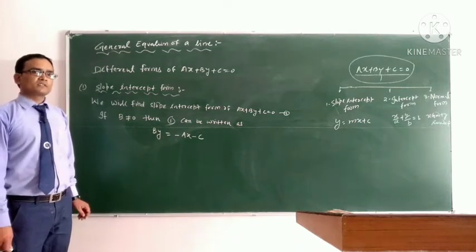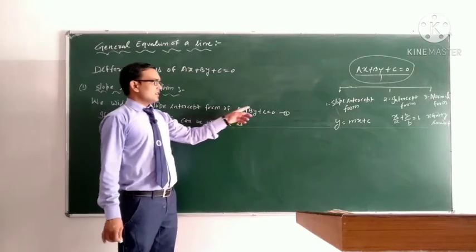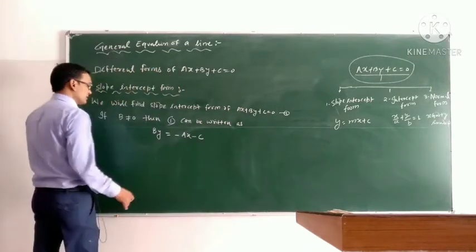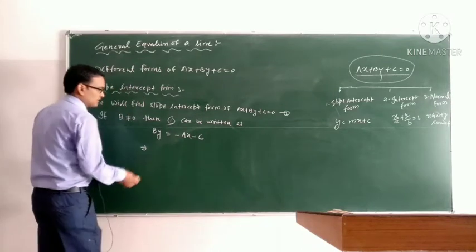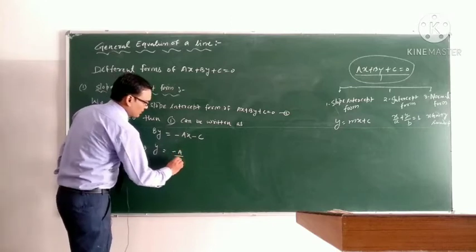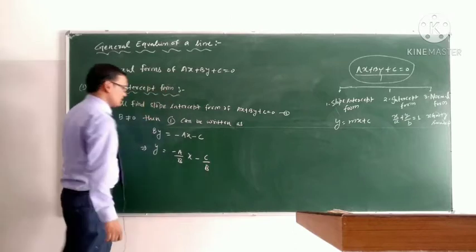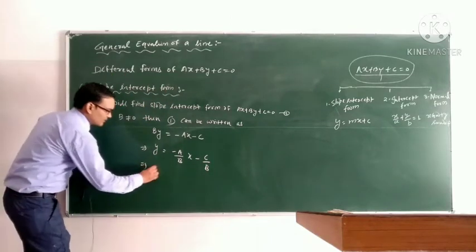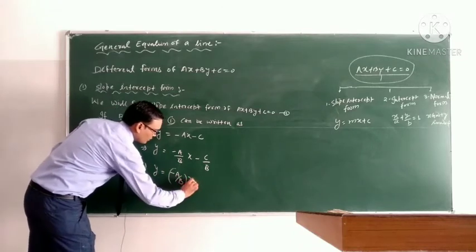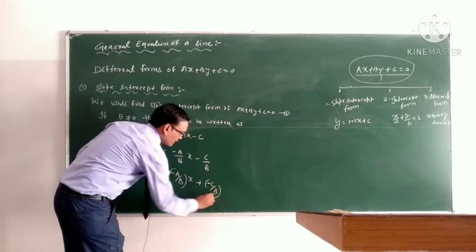We transfer ax and c to the right hand side. This implies that y equal to minus a upon b x minus c upon b. This implies that y equal to minus a upon b into x plus minus c upon b.